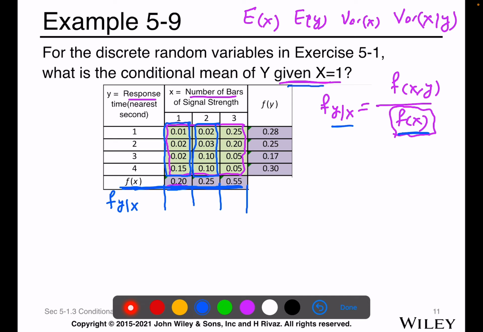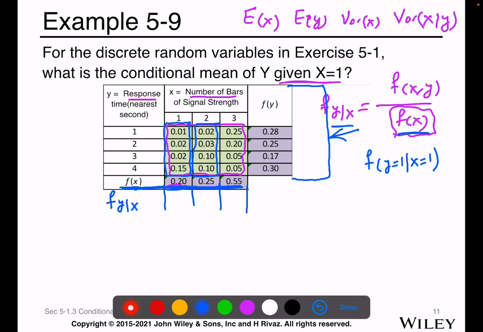I want to calculate f of, for example, y equal to 1 given that x is equal to 1. Maybe I can correct what I wrote here, because there's no space, but there's room here.